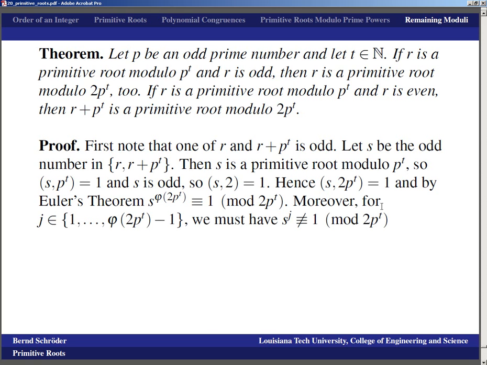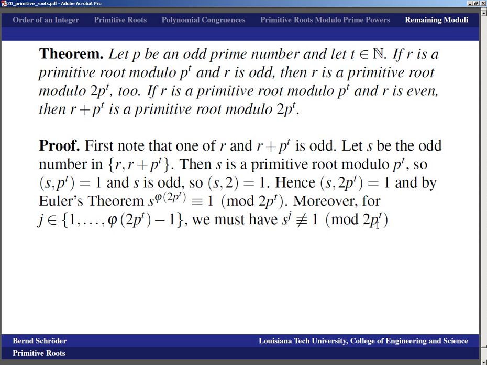And moreover, that means then that for j going from 1 to phi of 2p to the t minus 1, we must have that s to the j is not equivalent to 1 modulo 2p to the t.